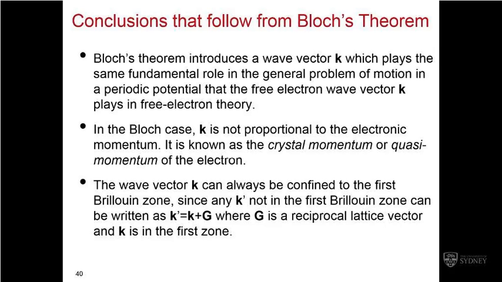So when you have electrons in solids, k is not directly the electronic momentum. Also, any wave vector k we can always bring back into the first Brillouin zone by adding or subtracting multiples of reciprocal lattice vectors, because that's where things are unique.